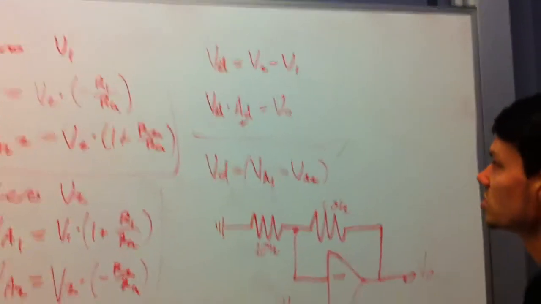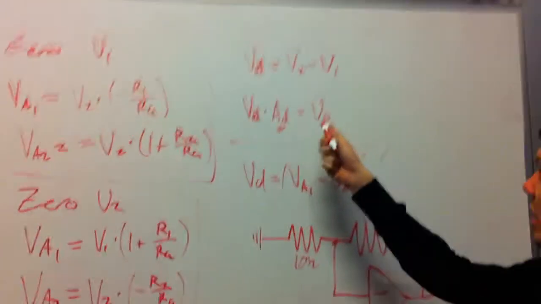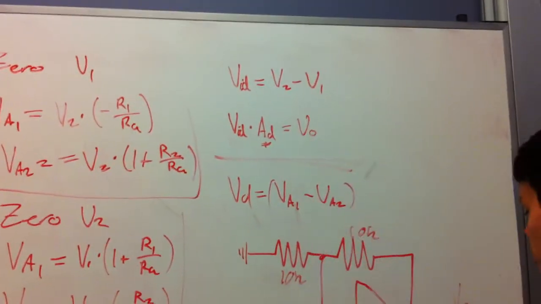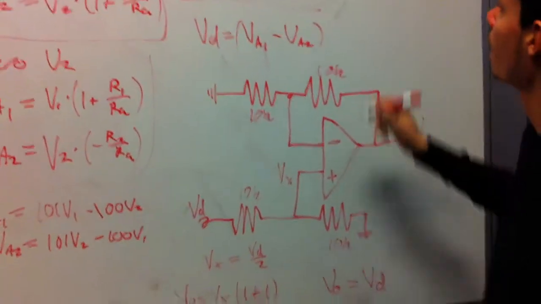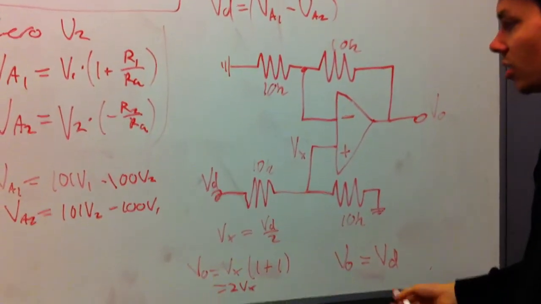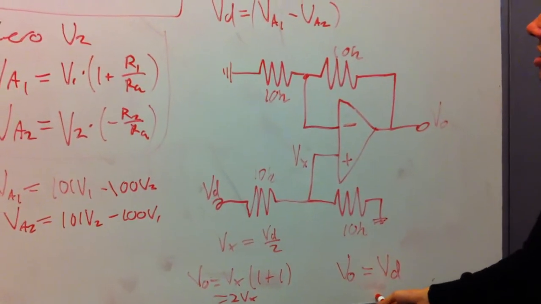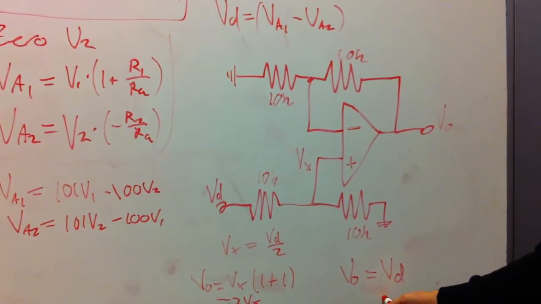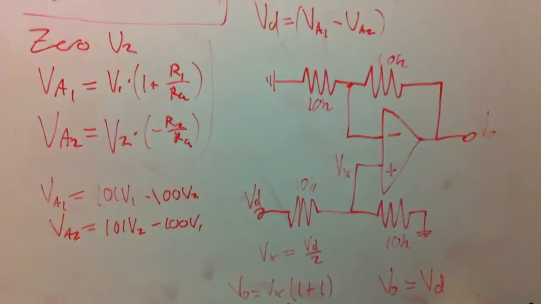It's just the difference between those two. And now we have VO, we know it's equal to VD. So basically what we have to do is get VD in terms of V1 and V2.